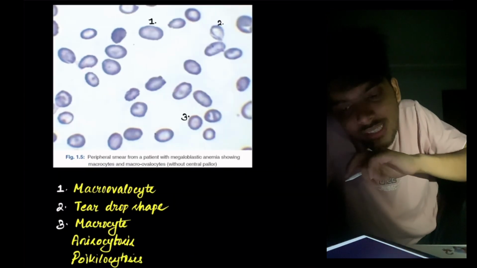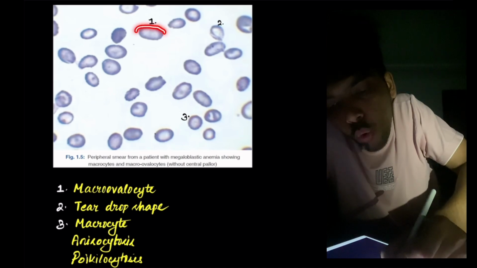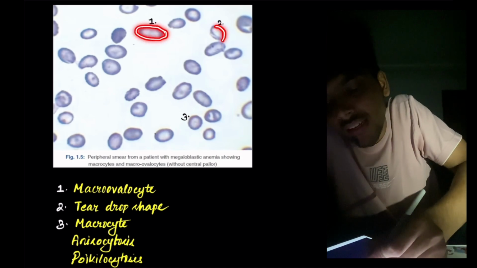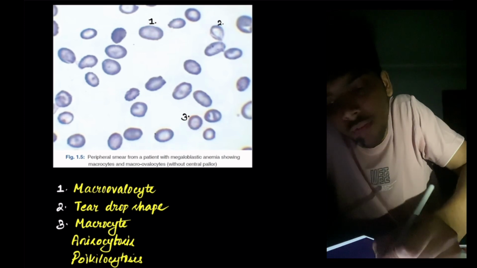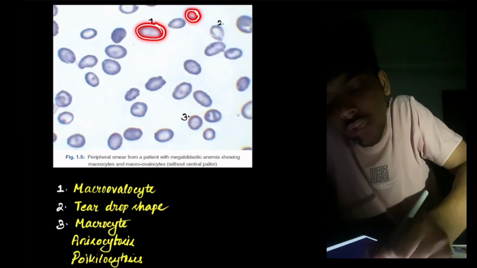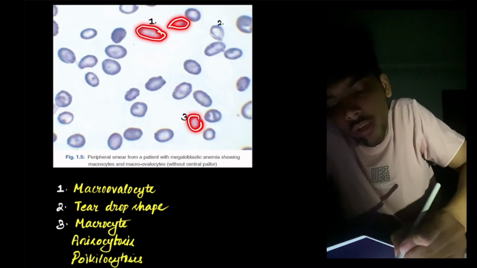You can see the various types of cells under microscopy right here. So this is your macro-ovalocyte, this is a tear-shaped cell, and then this is your macrocyte. You can find cells of different sizes, so anisocytosis, and cells of different shapes, so poikilocytosis.